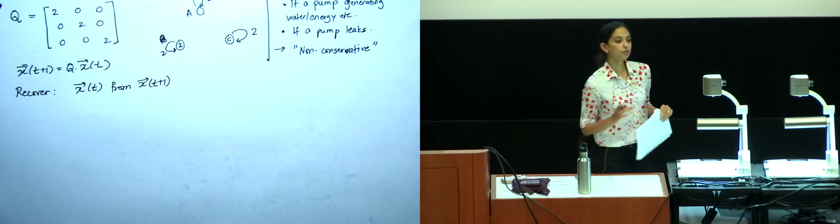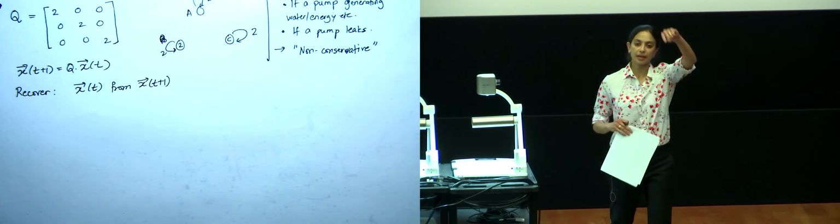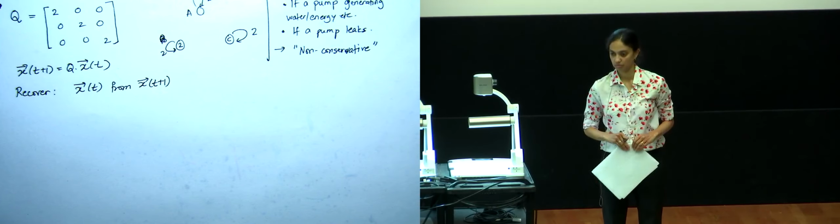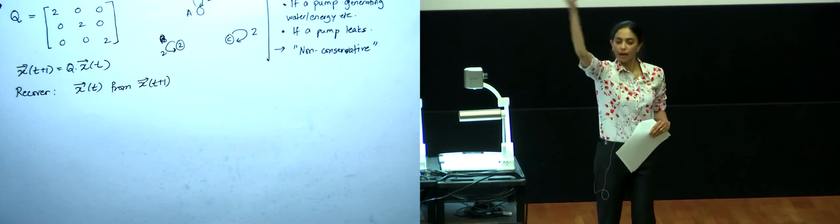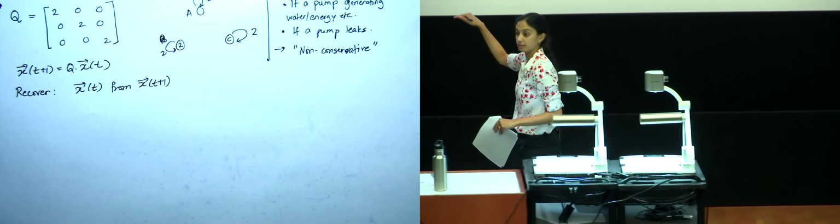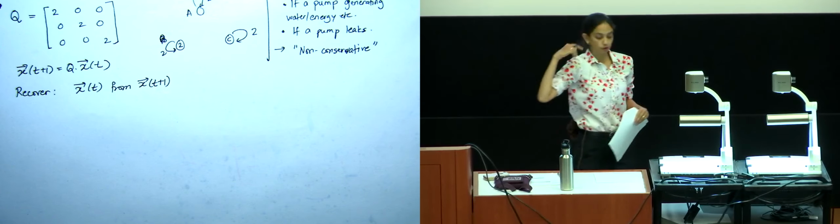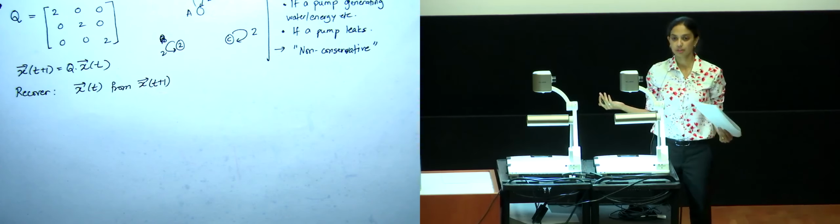And what I want to do for this is I don't want to just guess it. I want to design the pump that I can run. I want to design the pump such that I can press that button and have my tanks revert to the state that they were previously in. So what would that pump look like? Does anyone have any ideas?